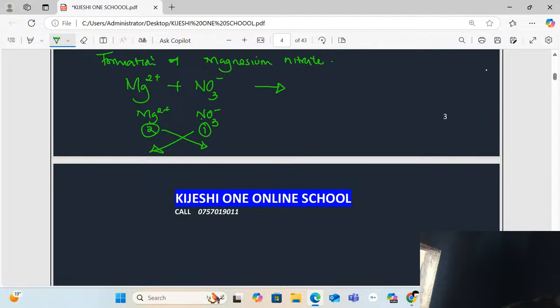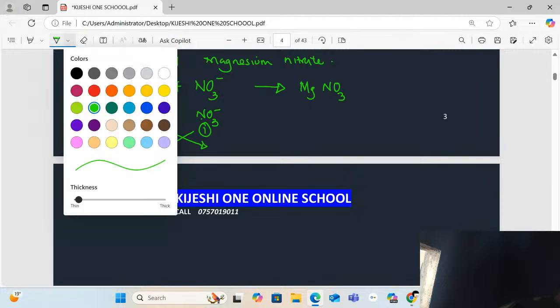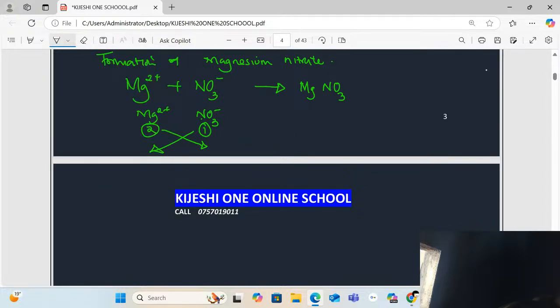But because the nitrate is reacting as a unit, therefore, we need to enclose it into brackets. Therefore, magnesium will pick 1, whereas the nitrate will pick the 2 in this manner, like that.